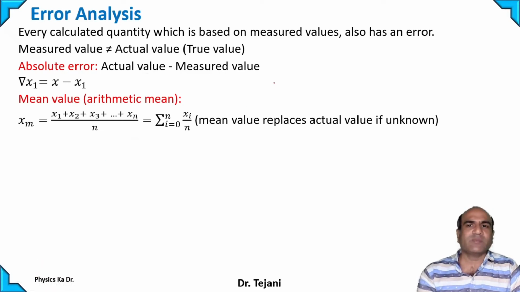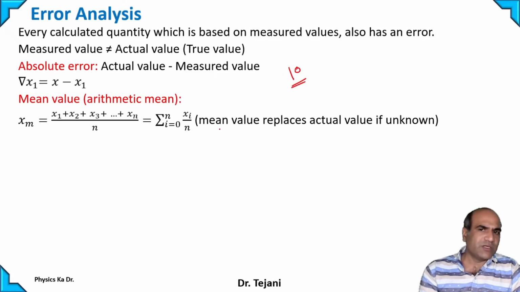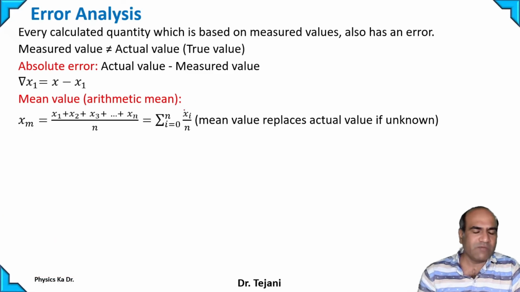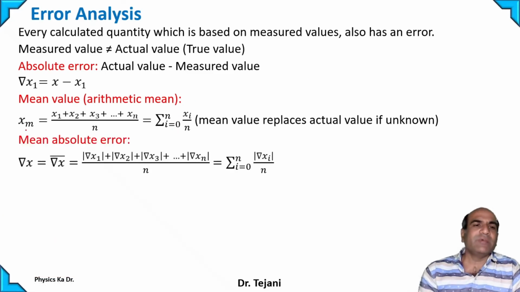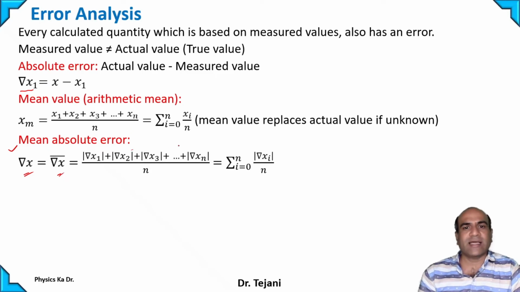If a certain experiment is to be performed maybe 10 times, the error has to be reduced and the average is to be taken as the original value, the mean value. Then we need the mean absolute error. So delta x is equal to the absolute errors, delta x1 plus delta x2 plus delta x3 up to delta xn, divided by n.